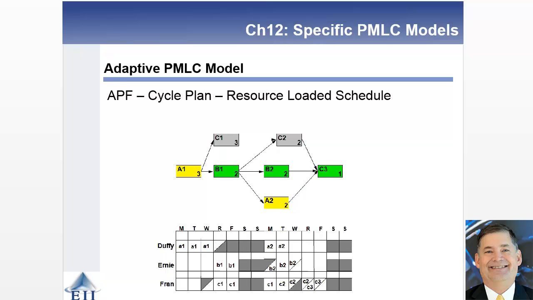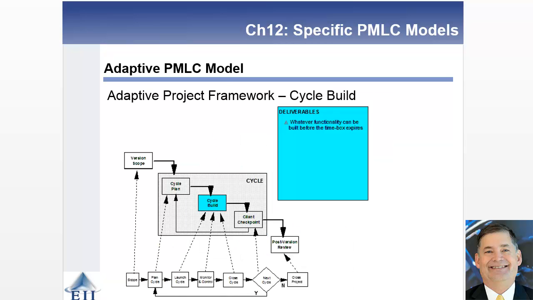From there, we get, and again, this just shows that going through and building the resource schedule, who's going to be working on what, when, and how long are those tasks going to take. And again, kind of at a low level, you don't want to put a lot of time and effort into this because you may end up abandoning the project later on. These projects, especially for an adaptive project management lifecycle, are high-risk type projects.